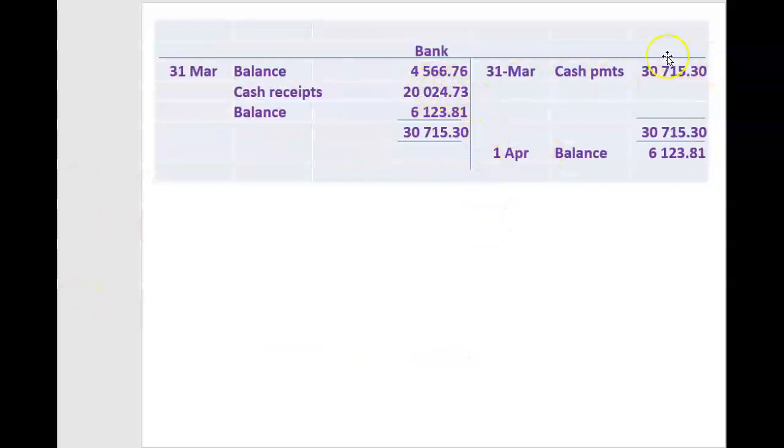When we balance off this account, we would have seen that we end up with an overdrawn balance in our ledger of 6123.81.